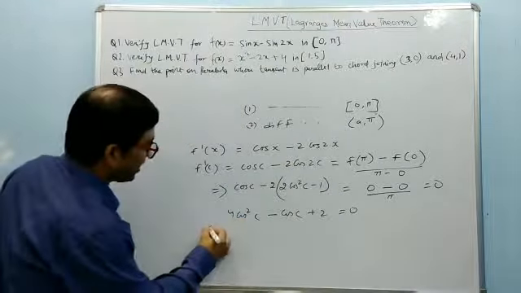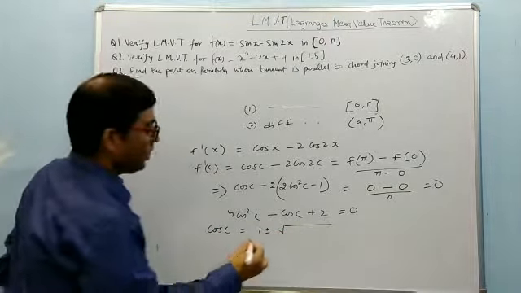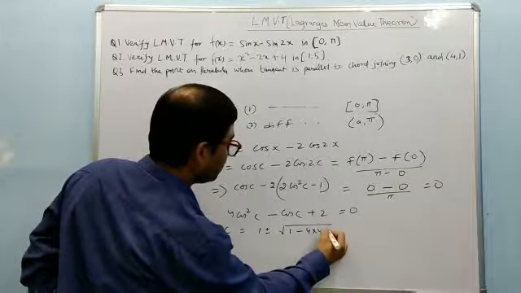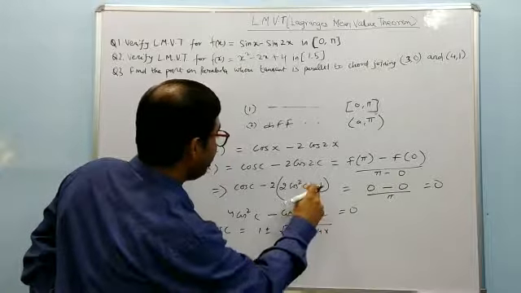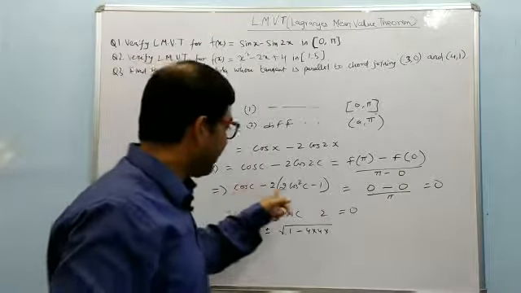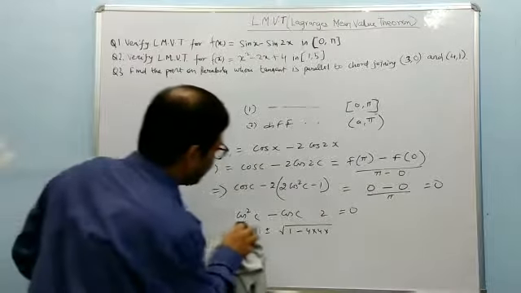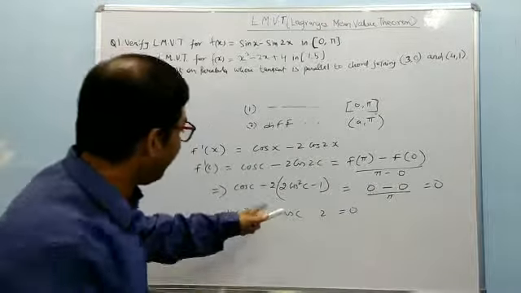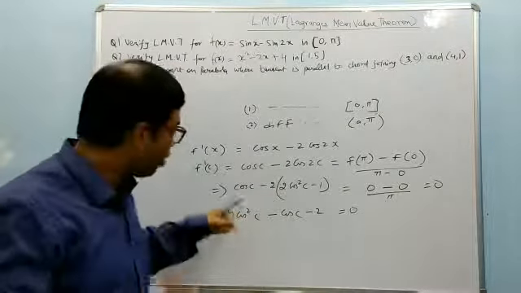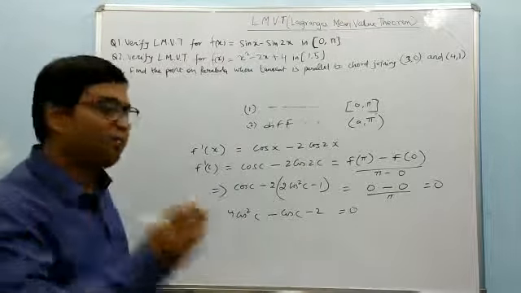Here, on expanding 2 cos square c minus 1, it is coming out to be 4 cos square c minus cos c minus 2. We just solve this by means of the quadratic equation.